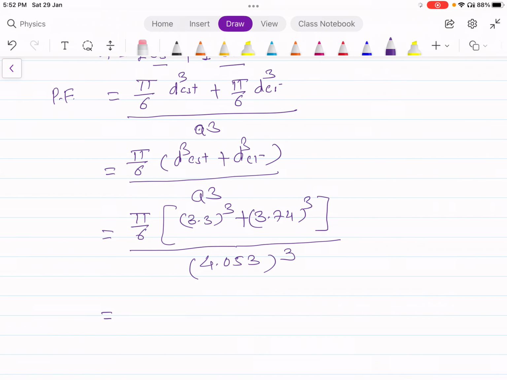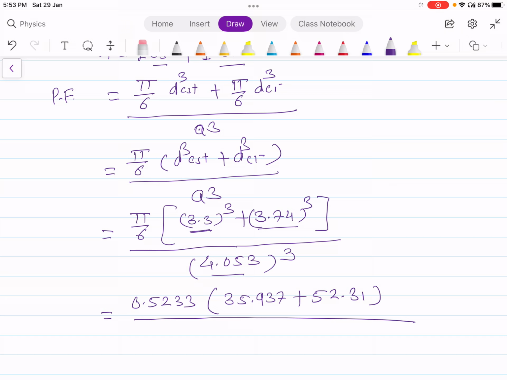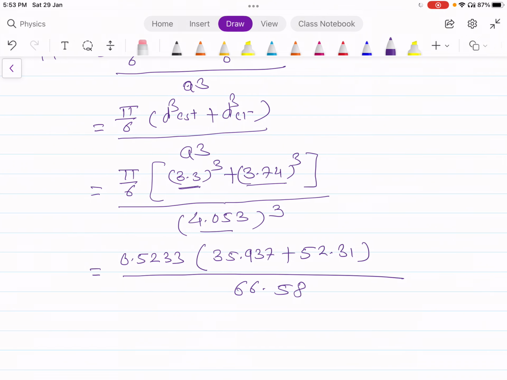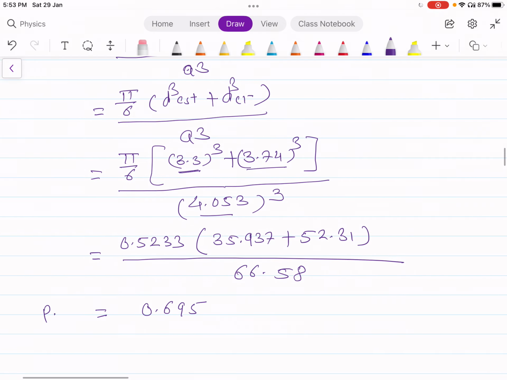Pi by 6 is equal to 0.5233. In bracket, cube of 3.3 is 35.937 plus cube of 3.74 is equal to 52.31, divided by cube of 4.053, which is 66.5, and if you simplify this you get 0.695, that is the packing factor.